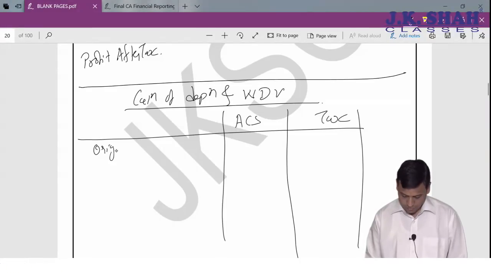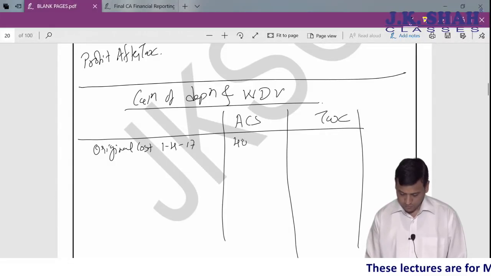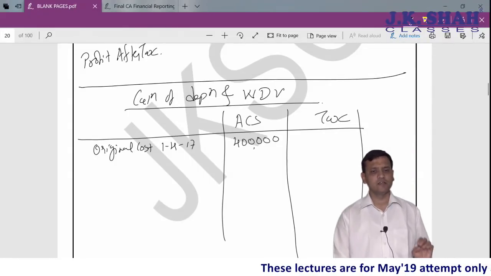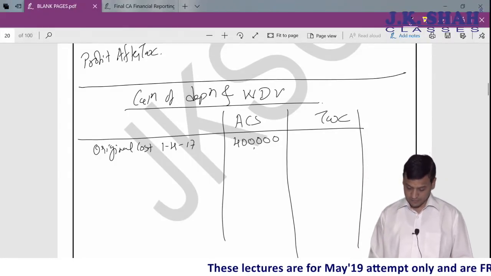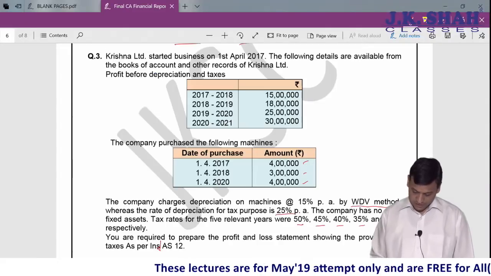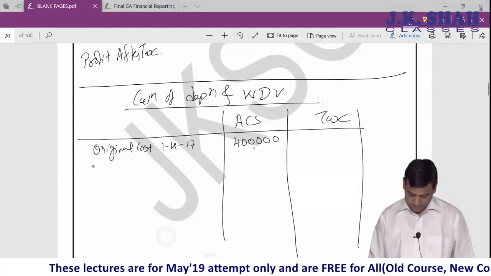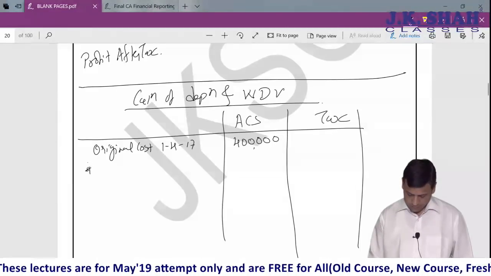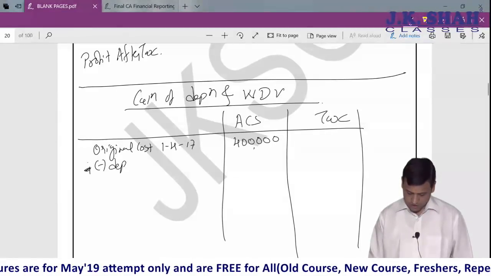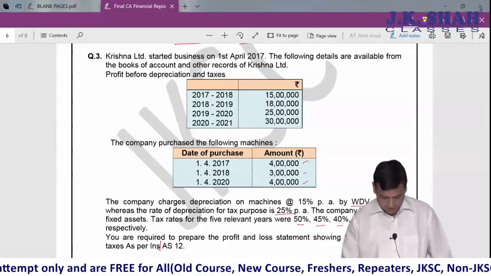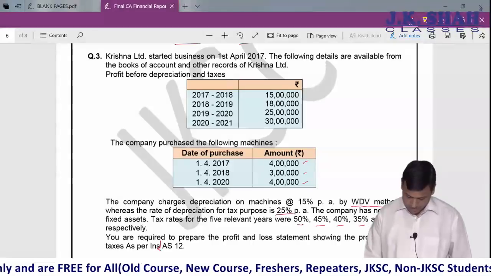So, original cost 4 lakhs. I am making an account basically for our fixed asset. Then any purchases, nothing has been purchased on 1/4/18. Less depreciation. Now, this depreciation is 15% WDV.